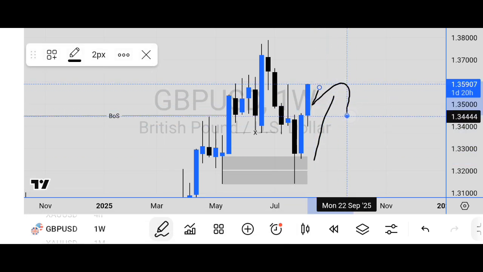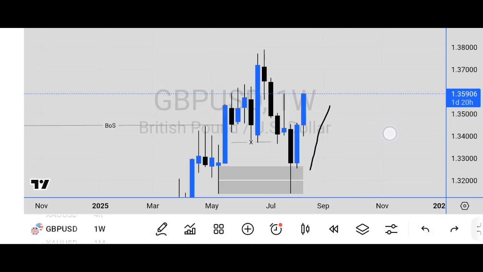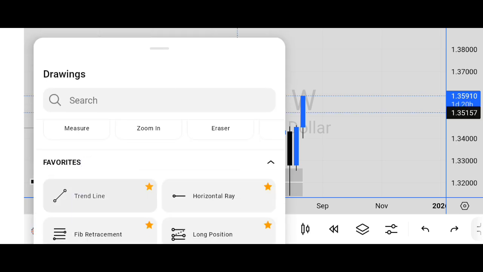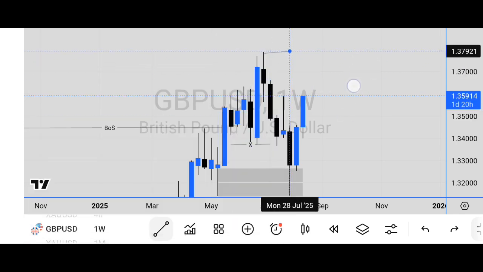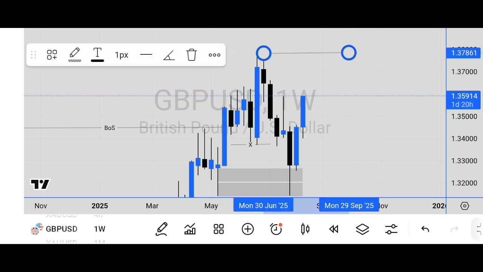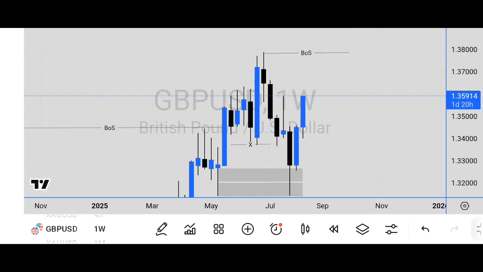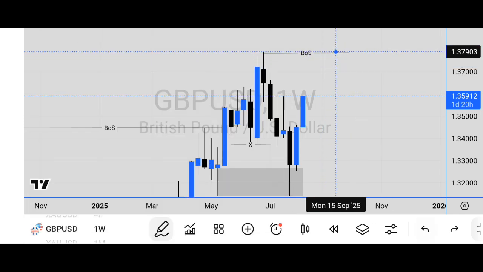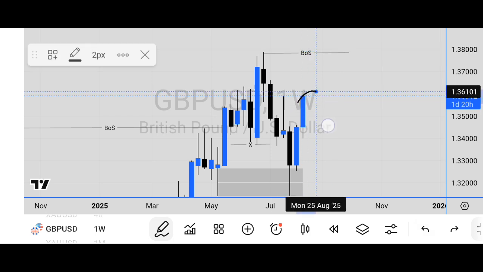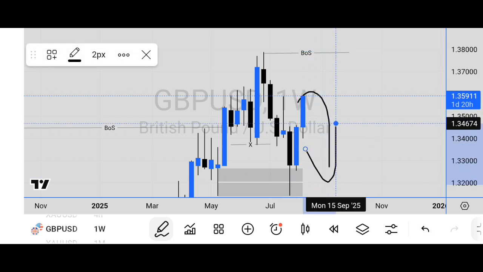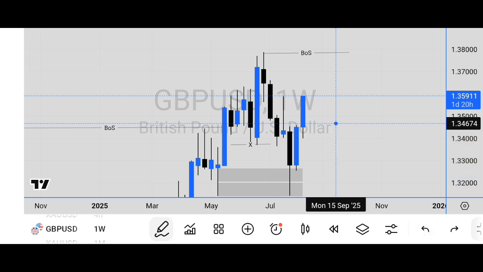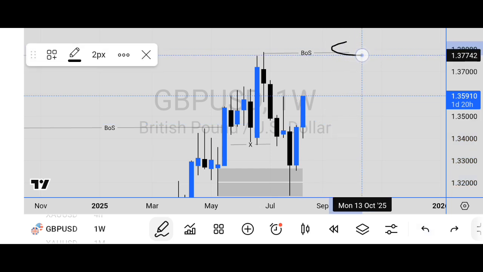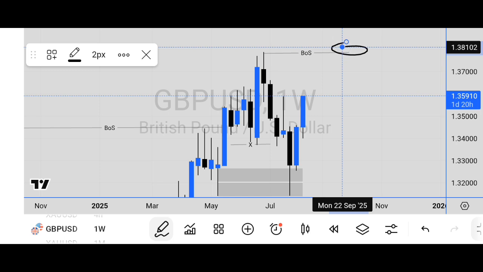So currently we are expecting the market to take out this high, which will be our next break of structure if the market actually gets to this high, because the market is dynamic. Anything can happen, and maybe it shifts and goes down. But once it closes above this high with a candle body, then we have a valid break of structure.